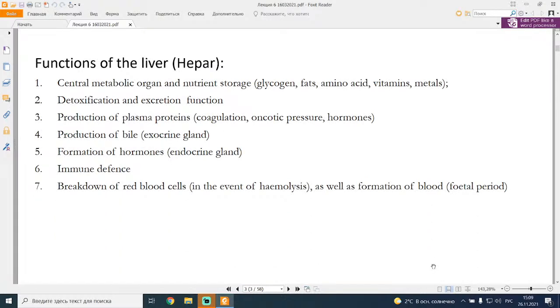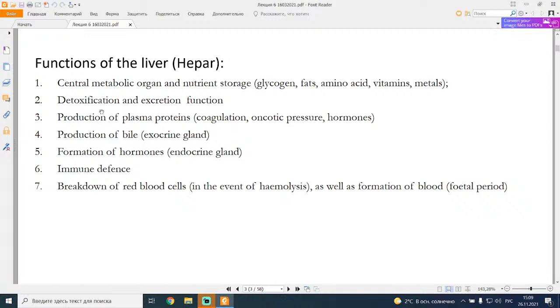Function of the liver. First, central metabolic organ and nutrient storage: glycogen, fats, amino acids, vitamins, metals.